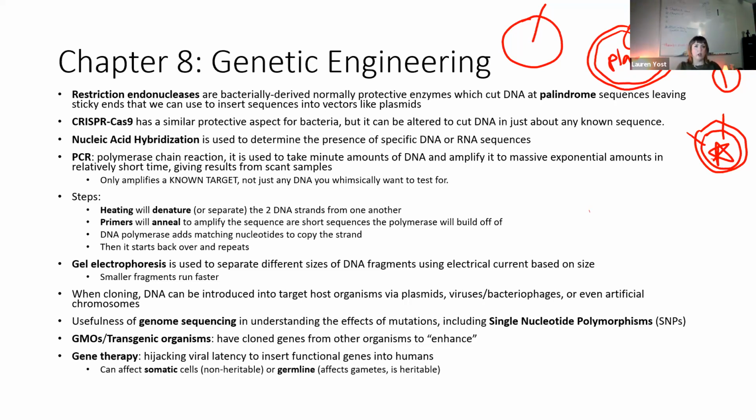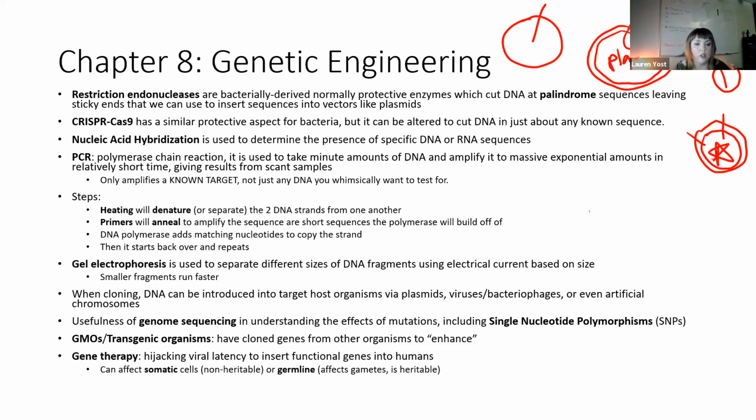The large ones are getting caught up more. So the large ones are going to be closer to the start, the well where you put your sample in. And then the small ones are going to be closer to the actual finish, the bottom of the gel. Okay, so smaller, bottom, larger, top. Smaller fragments run faster.